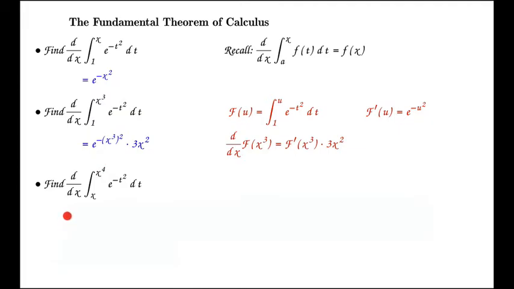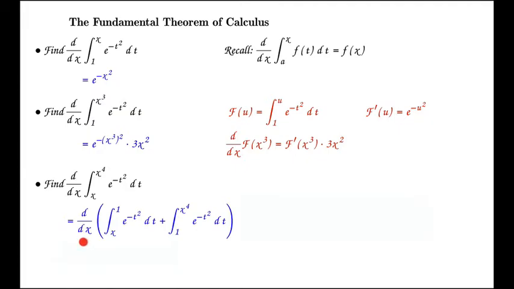In this case, we're asked to take the derivative with respect to x of the integral from x to x to the fourth of e to the minus t squared dt. This example looks a little different than the other two because instead of a constant as the lower bound, we have another variable. So we're going to use some integration rules to split this integral into two separate integrals.